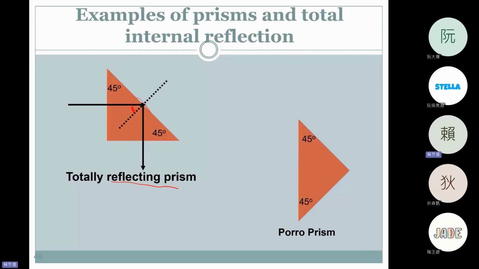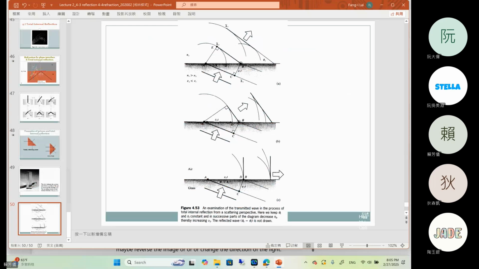We also use this kind of prism to reverse the image or change the direction of the light. Is there any problem with this part?